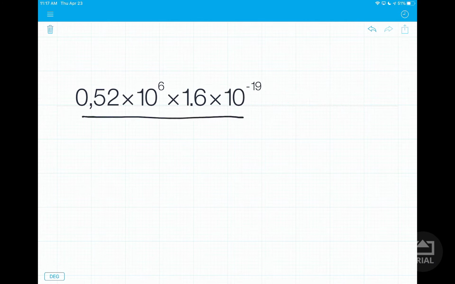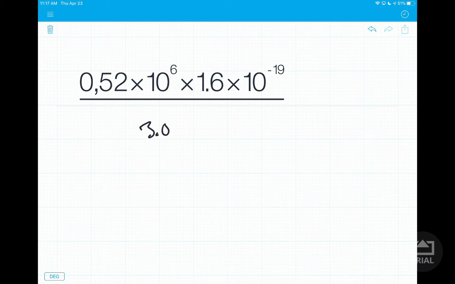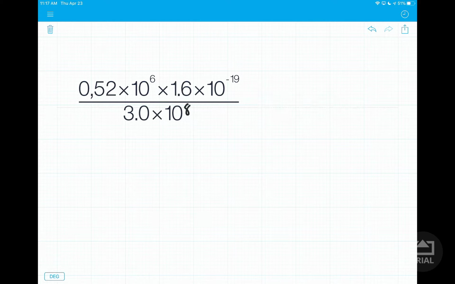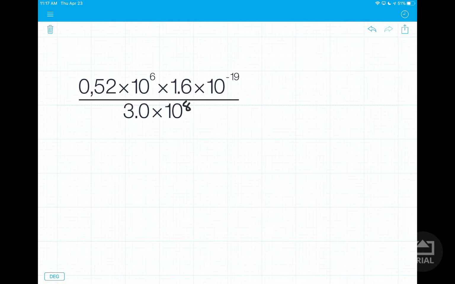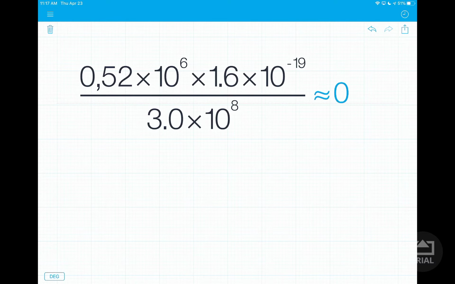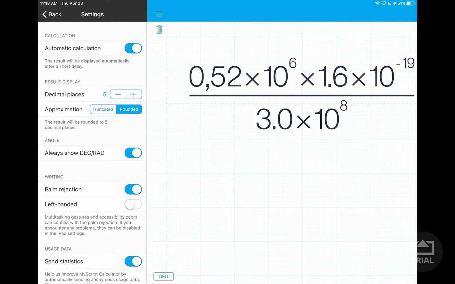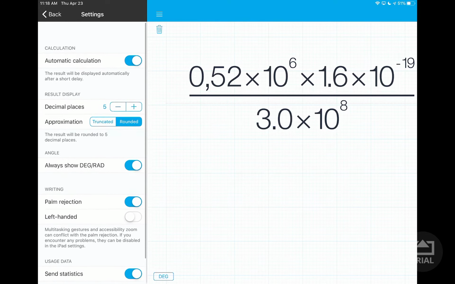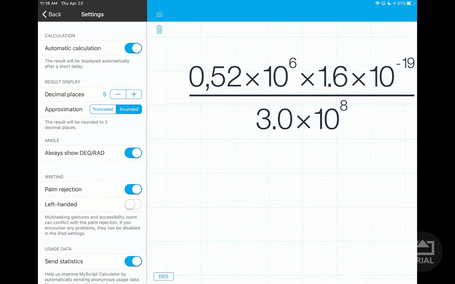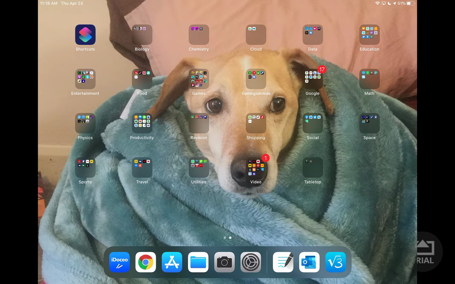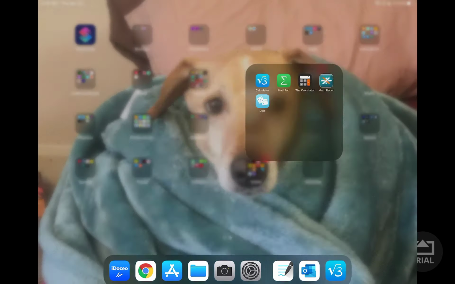Okay then, let's go to math and open up the regular scientific calculator.